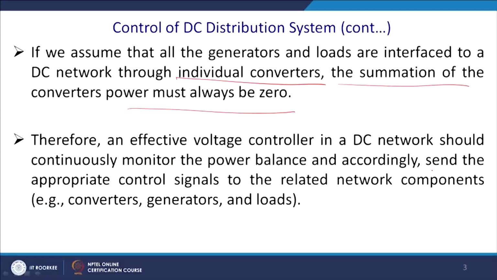After some time, the bidirectional DC to DC converter from the battery will restore the bus voltage, which is one of the requirements. In mathematical terms, the summation of all the converter power must always be 0. Therefore, an effective power control of the DC network should continuously monitor the power balance and accordingly send the appropriate control signal to the related network components, for example converters, generators and loads.